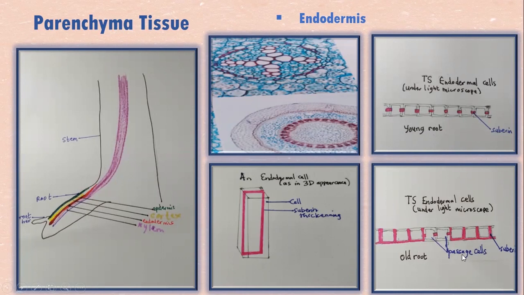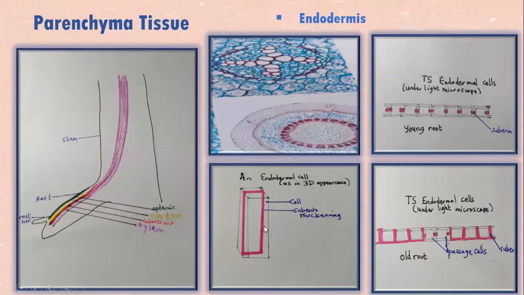When the root grows old, you can see that the suberin increases around the cells, leaving some cells that are not heavily thickened with suberin, and these cells are called passage cells. So you have heavily thickened cells with suberin.